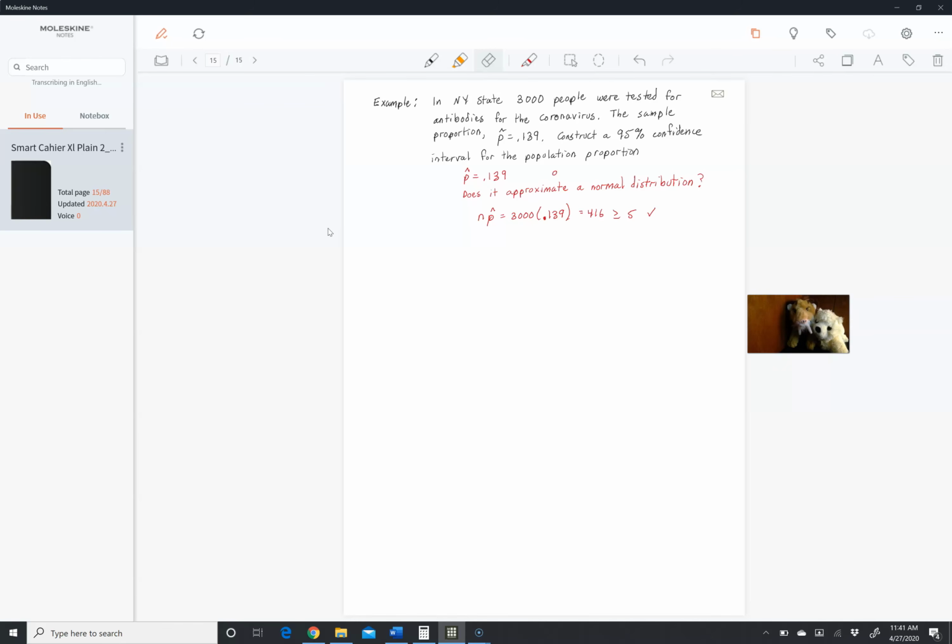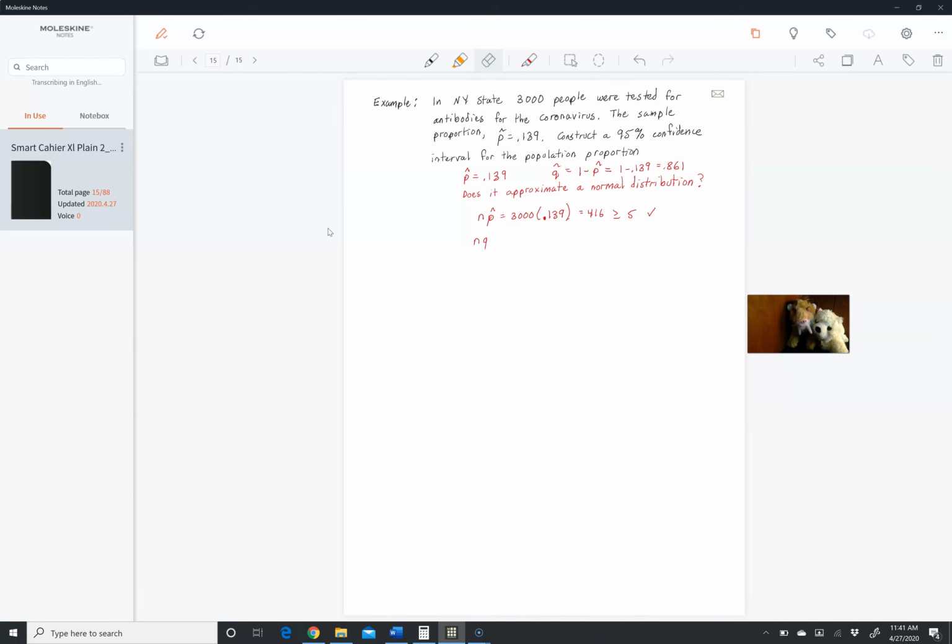I'll put q hat up here. Q hat, we just subtract p hat from 1. It's the opposite, right? Proportion of failures is the opposite of the proportion of successes. So 1 minus 0.139 is 0.861.